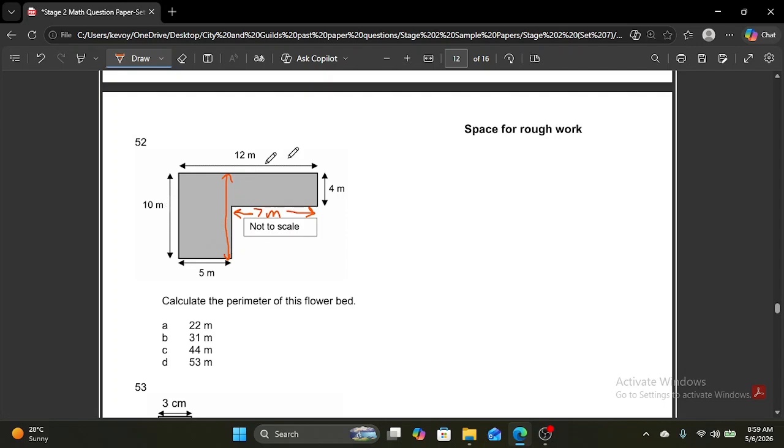So since we have 4 meters right here, we'll just take it away from 10. So 10 minus 4, what would you be left with? 10 minus 4 is what? 6. So you have 6 meters right here. So 6 meters will cover from right here to right here.